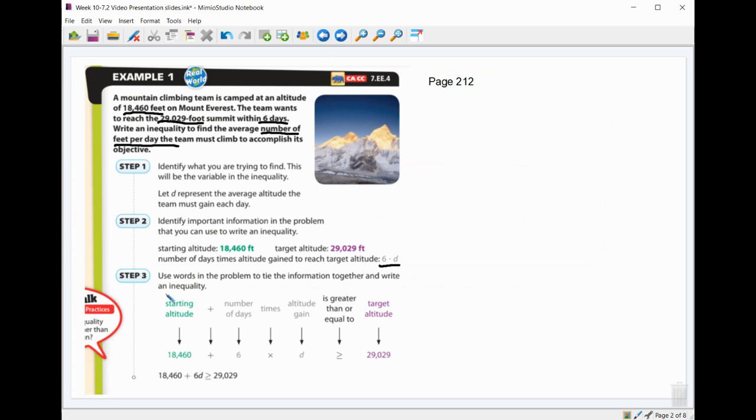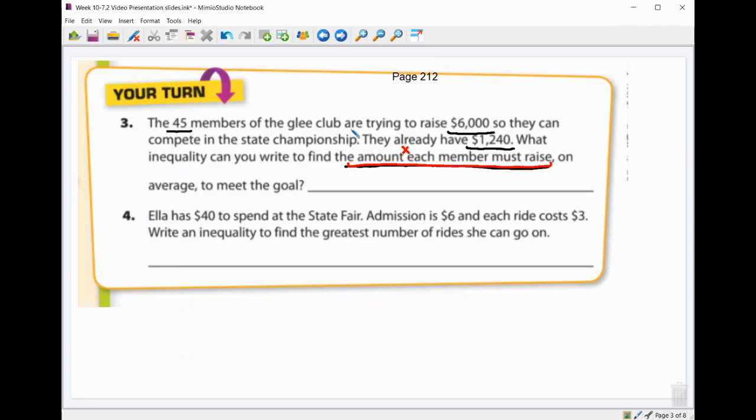Okay, and then step three, we are going to use that information and the words from the problem and tie it up to an inequality. So we started at this amount, and then each of them is going to raise this much to get to their maximum amount. Let's go ahead and break it down. They started with $1,240.